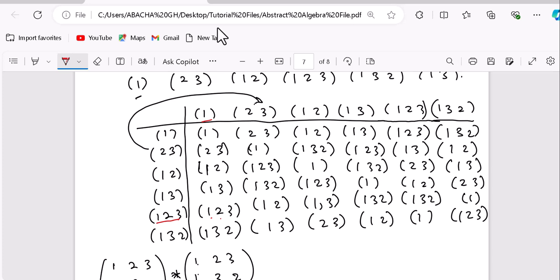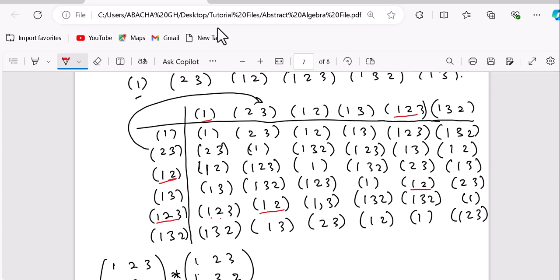Now if I operate (1 2 3) with the second element, I am getting (1 2). Now if I operate (1 2) with (1 2 3), I'm getting (1 2) again, and so that is also a centralizer.